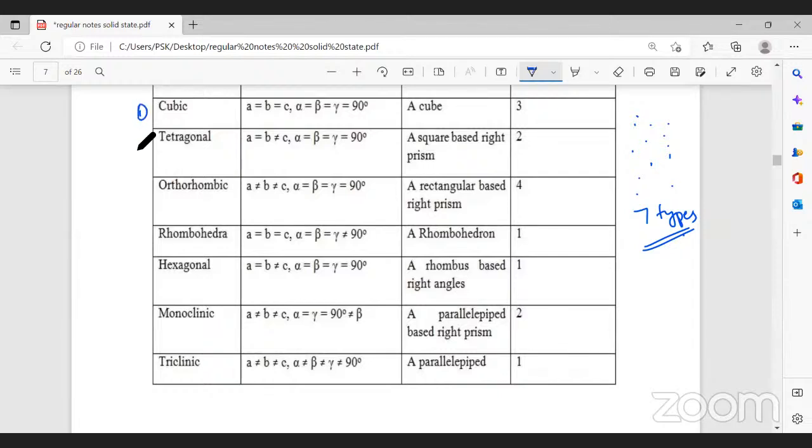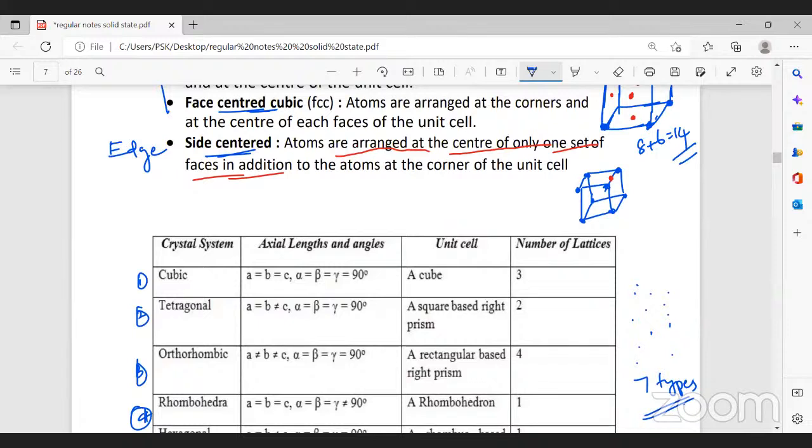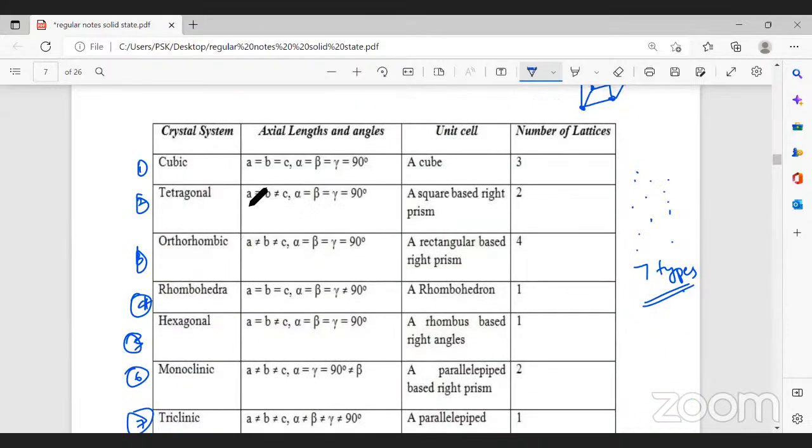One is cubic. The second is tetragonal. Third is orthorhombic. Fourth is rhombohedral. Fifth is hexagonal. Sixth is monoclinic, and seventh is triclinic. So we have 7 crystal systems: cubic, tetragonal, orthorhombic, rhombohedral, and so on.